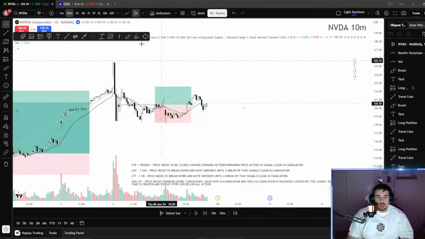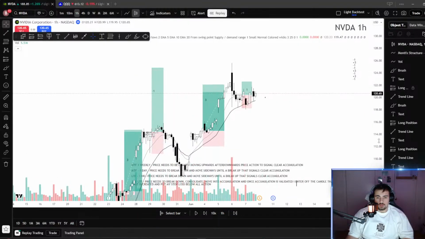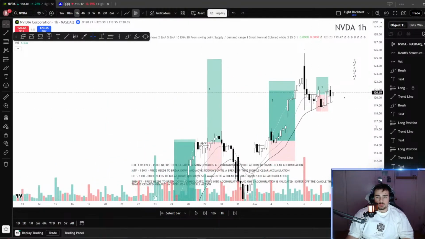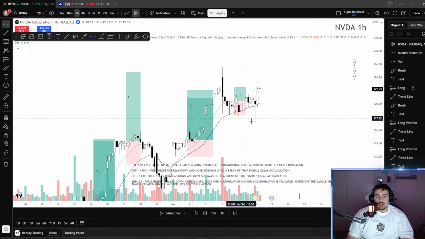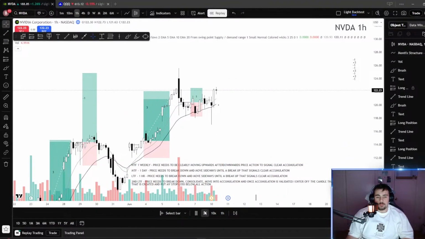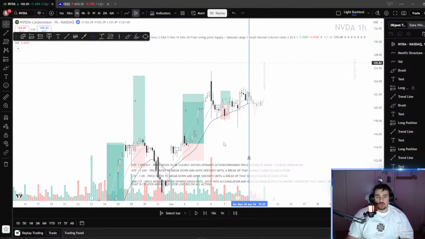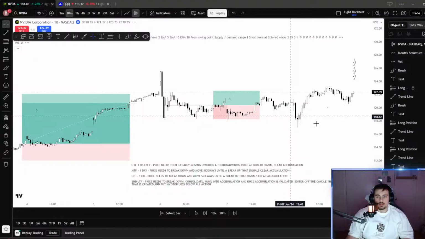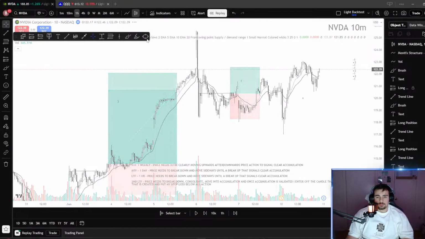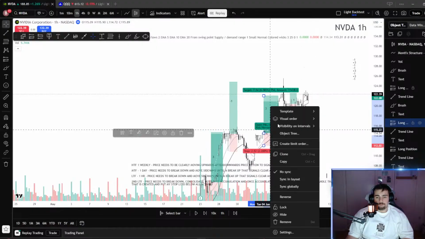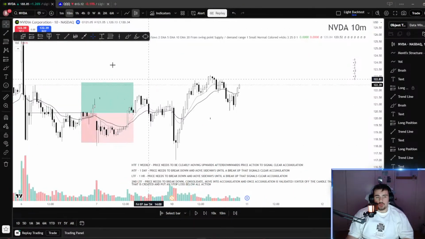So now we just have a lot of choppy price action. The 1 hour just looks like it wants to go sideways, and then looks like it breaks up. Oops. Let me be fair about this. I accidentally played price too quickly. I would have had an entry right here.